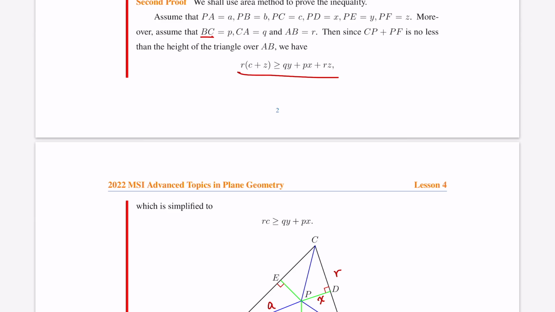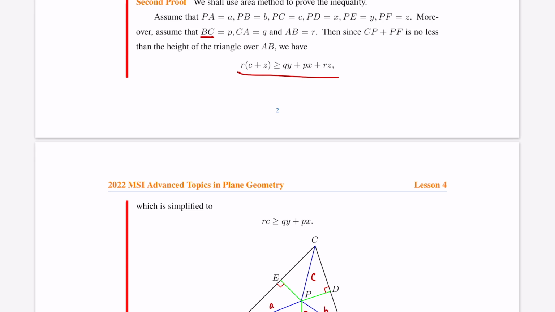So this is r, this is p, and this is A, this is C. And this would be PF, which is z, and this is A, this would be B.